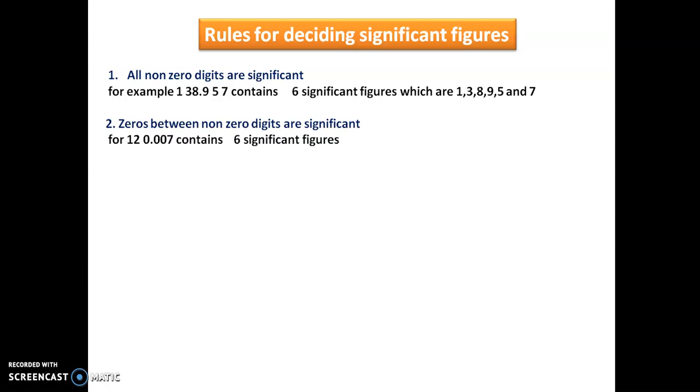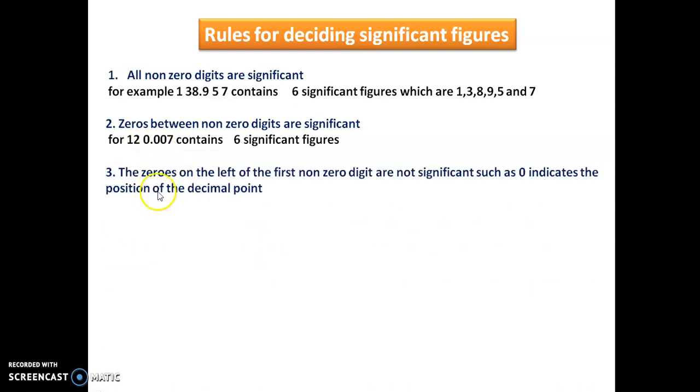For example, 120.007 contains 6 significant figures, because these zeros come in between two non-zero digits, that is 2 and 7. Rule number 3, the zeros on the left of the first non-zero digit are not significant, as they only indicate the position of the decimal point.